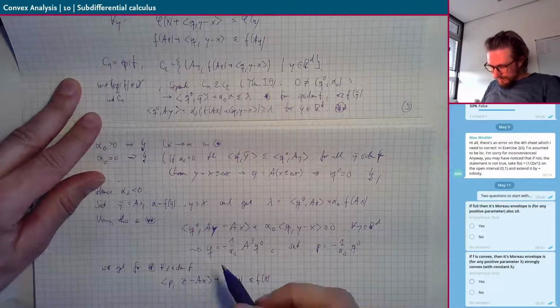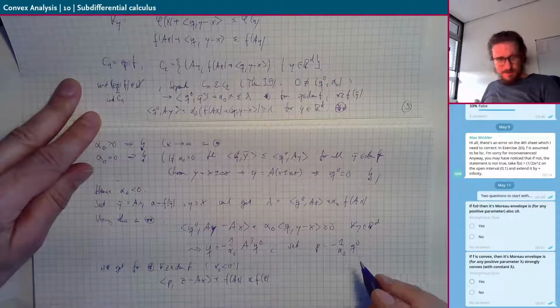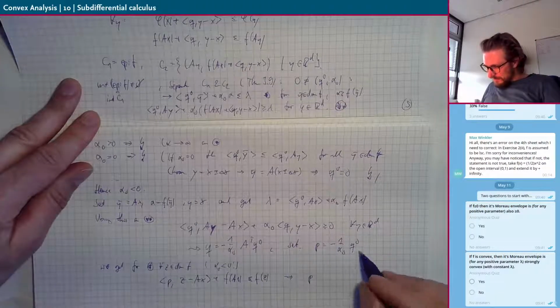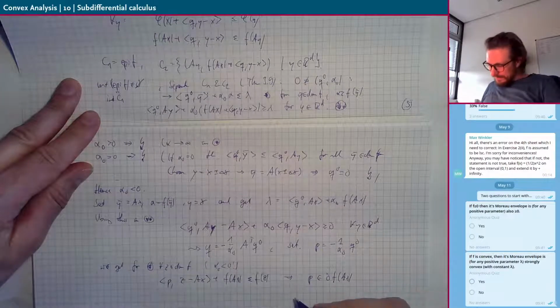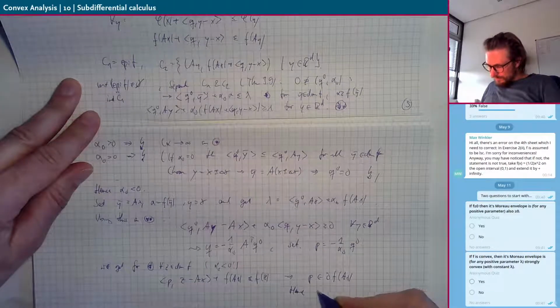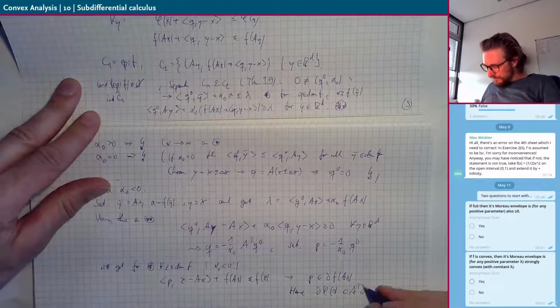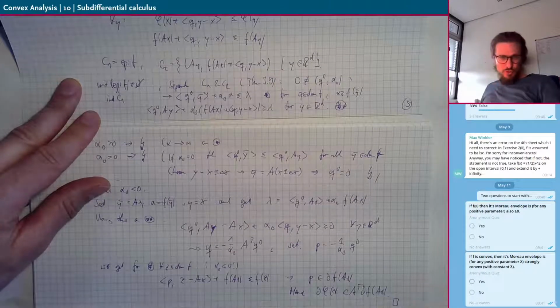Remember that alpha 0 is negative, hence you have to flip the sign if you divide by that. And this shows that this p here is actually in the subgradient of f at ax, and hence we've shown that the subgradient of phi at x is contained in a transpose subgradient of f at ax. And this is what we wanted to show.